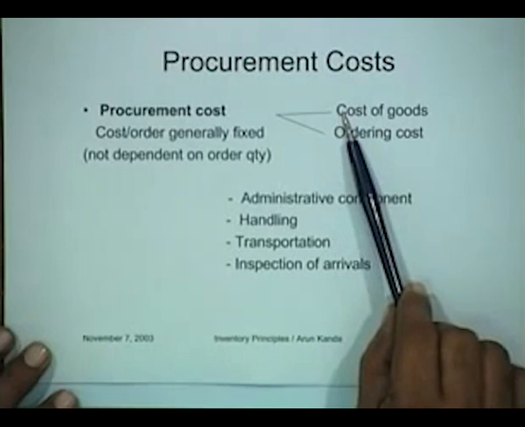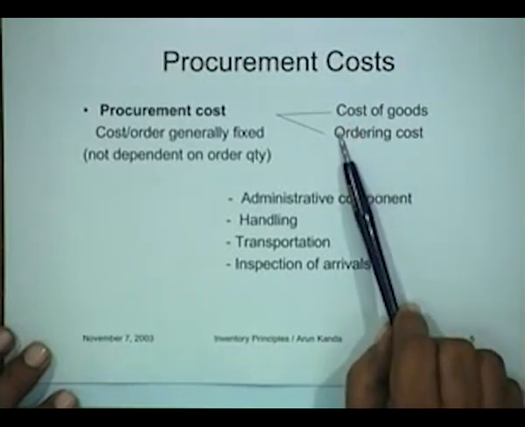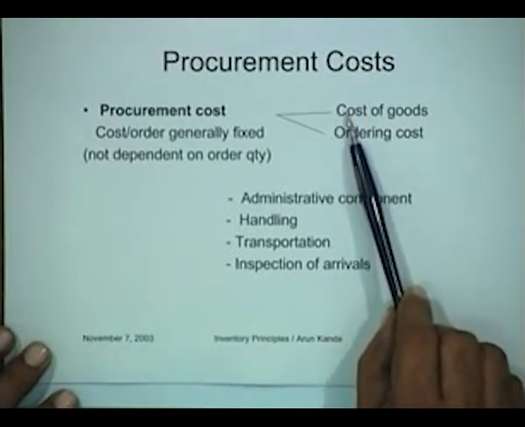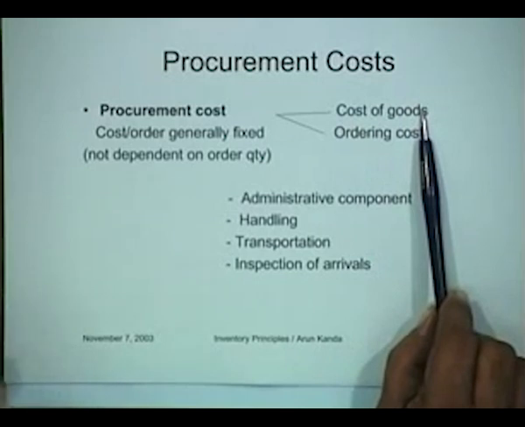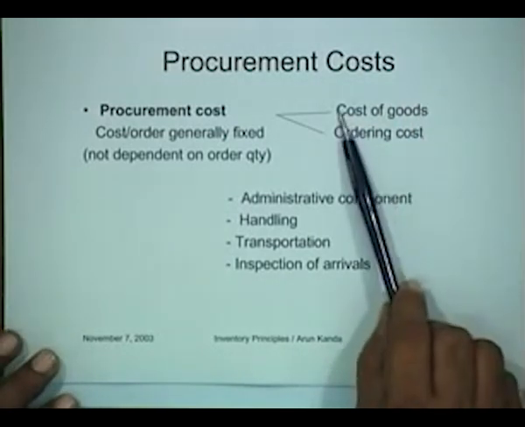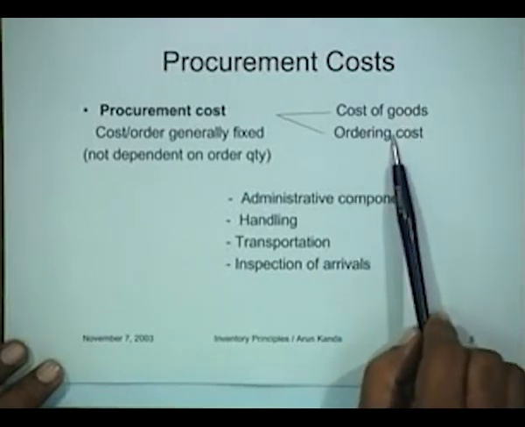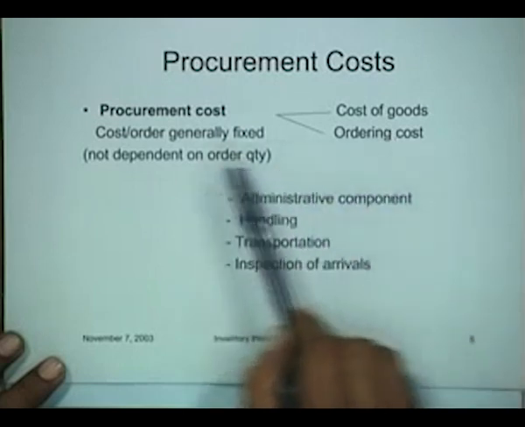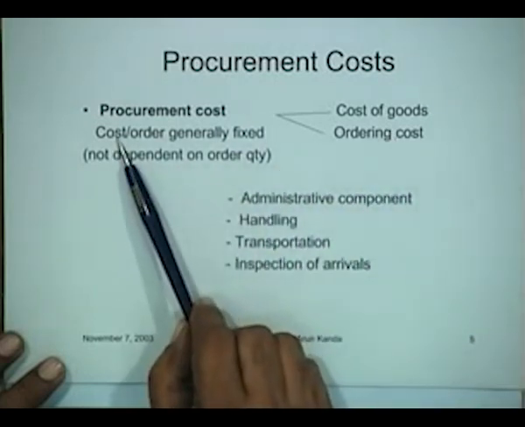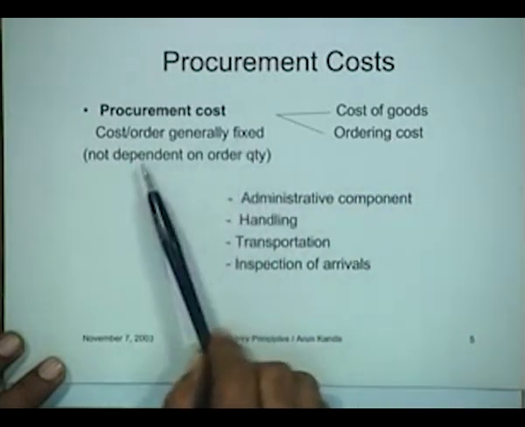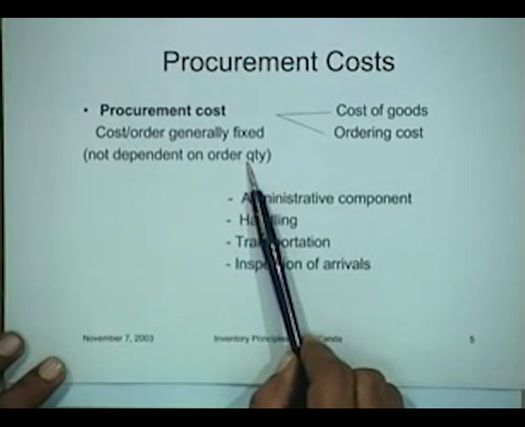One is the cost of goods, the second is the ordering cost. Cost of goods is the price of the item that you pay, and therefore this is the cost that you incur anyway. And the ordering cost is in fact the cost that you incur in placing the order. And here of course we had said that cost per order is generally fixed and is not dependent upon the order quantity.